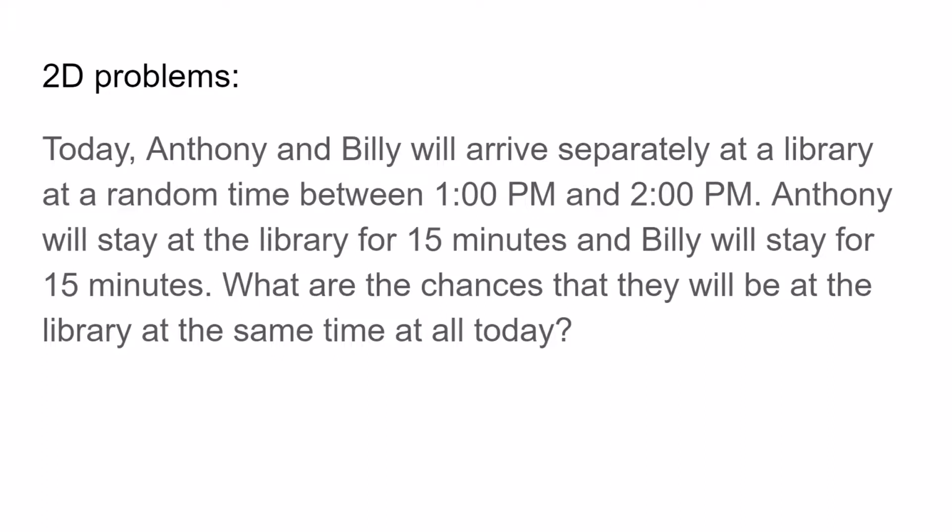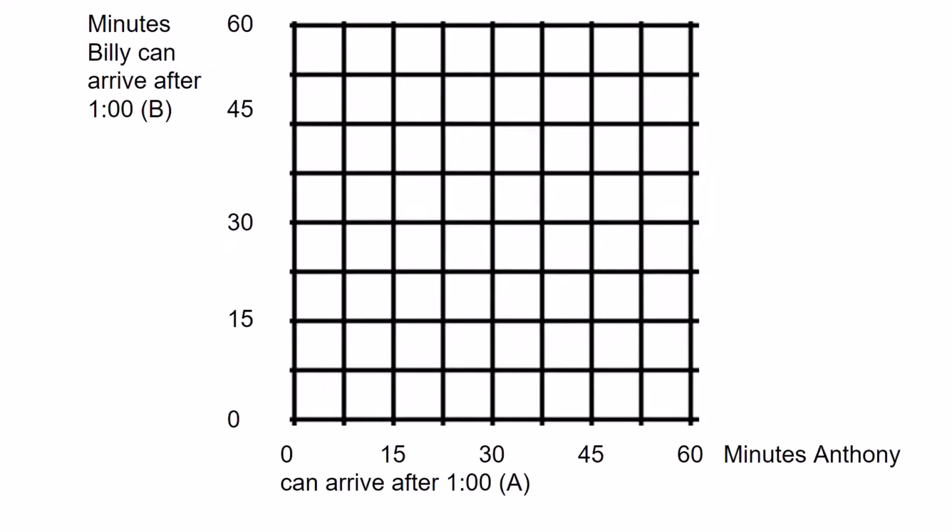It would be good to use a two-dimensional graph for this problem, since there are two variables, which is when Anthony arrives and when Billy arrives. So this is the graph containing all of the possibilities of when Anthony and Billy arrive.